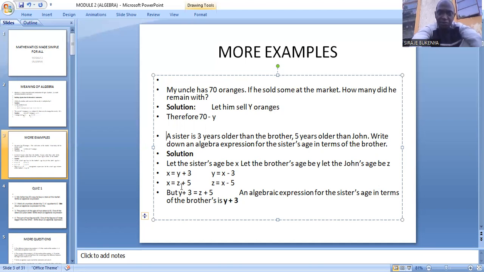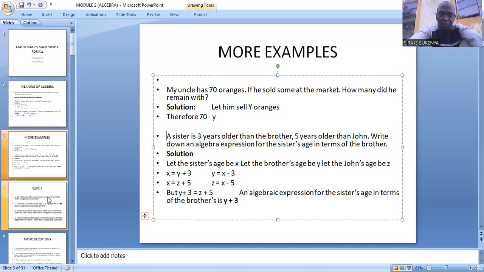So if you combine all these, if you say Z equal to Y minus 5, it means the sister's age in terms of the brother's age is Y plus 3. That's how you can do it.